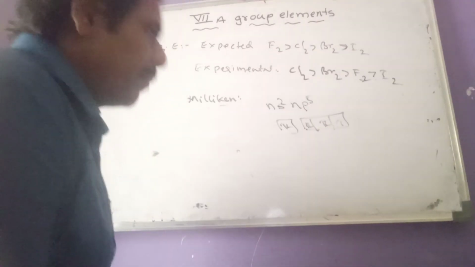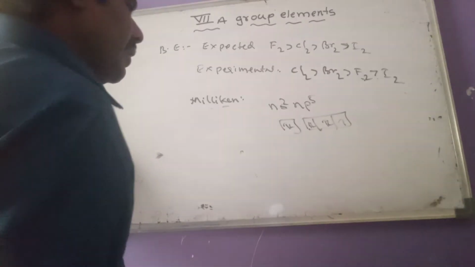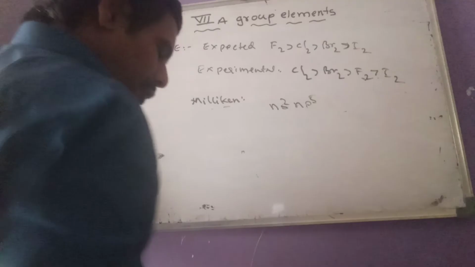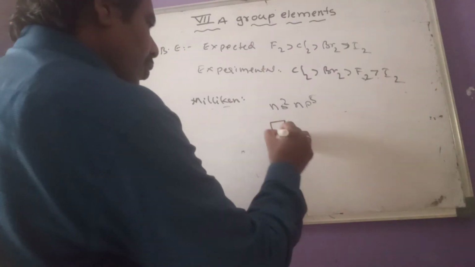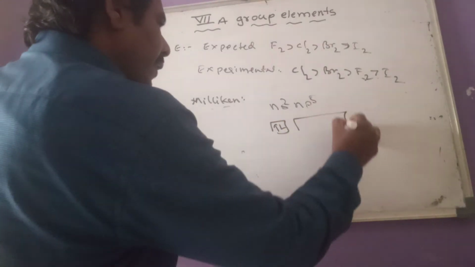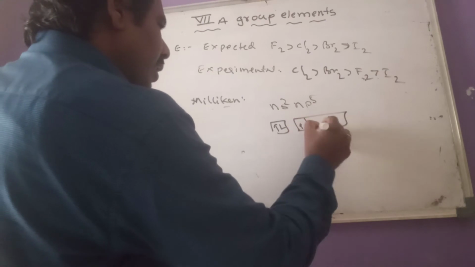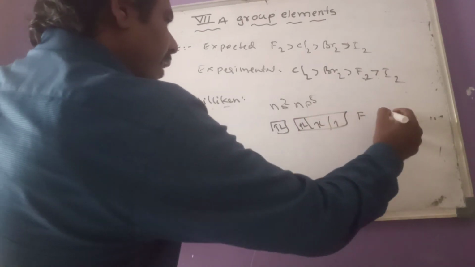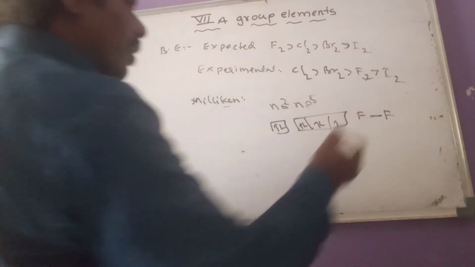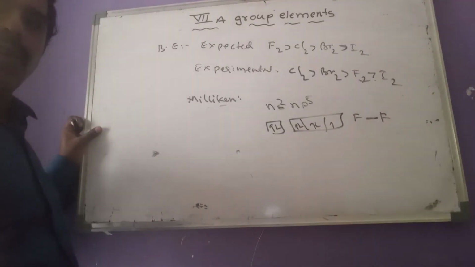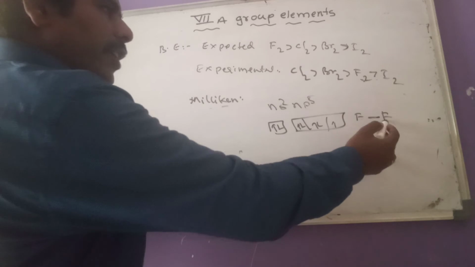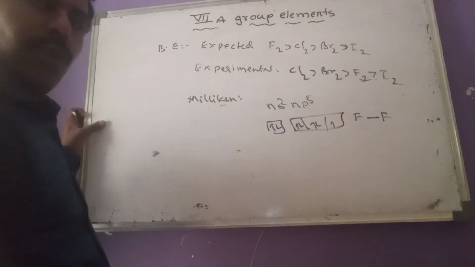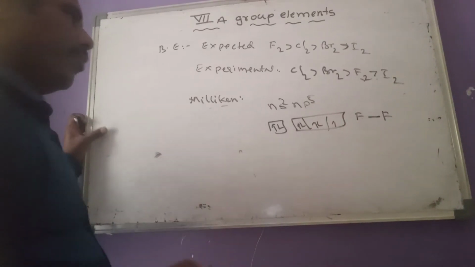Only one unpaired electron is present in the case of fluorine, because fluorine does not have vacant d orbitals. So one fluorine can form a single bond with another fluorine only. That means between two fluorine atoms, only a single bond is possible.